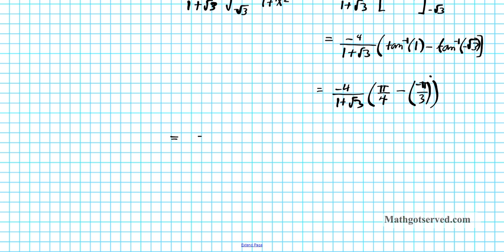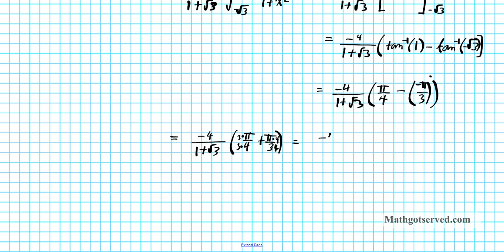Let's go ahead and do that real quick. So we have negative 4 over 1 plus root 3 times pi over 4 plus pi over 3. If you find the LCD, you multiply this by 3 top and bottom, and you multiply this by 4 top and bottom.